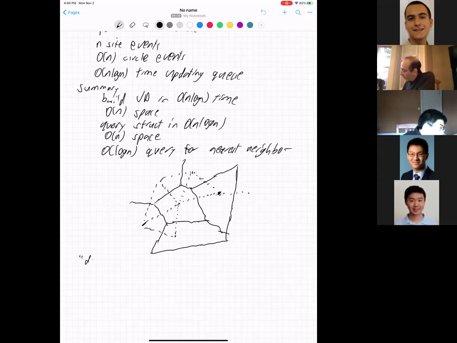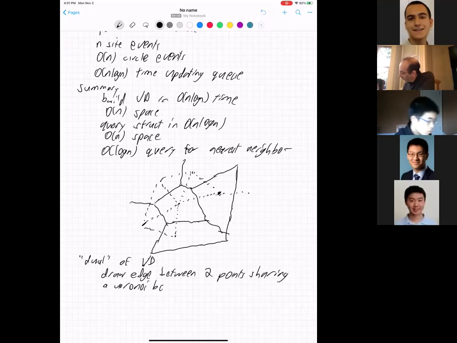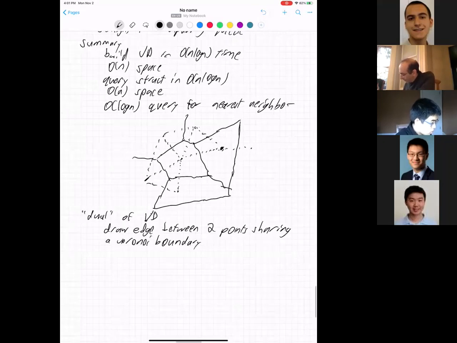Which is called the dual of the Voronoi diagram. What you do is you draw an edge between any two points sharing a Voronoi boundary. And you can show that if you take the dual of the dual, you get the Voronoi diagram back.